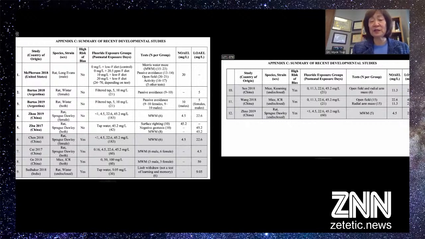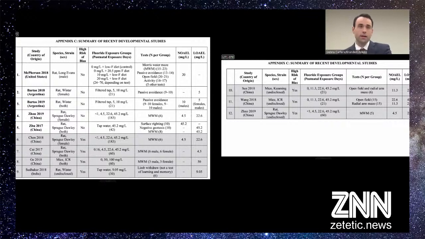So actually the numbers are much lower. Also, McPherson notes that even if you use the 5 times greater for animals versus humans, if you divide 20 by 5, you get 4 milligram per liter, which is high for the 0.7 milligram per liter goal right now.